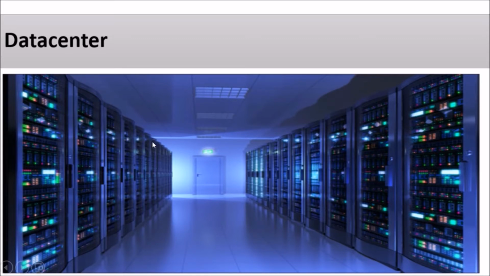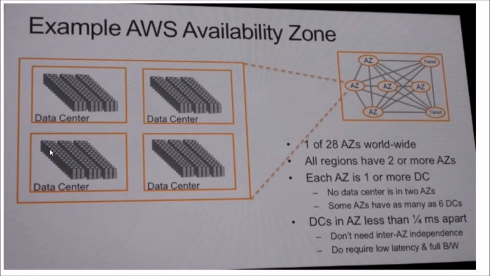So guys, this is our data center, and inside data centers we have different racks, as you can see, and inside the racks there are different servers. Here we can check that availability zones are made up of 2 or more data centers.